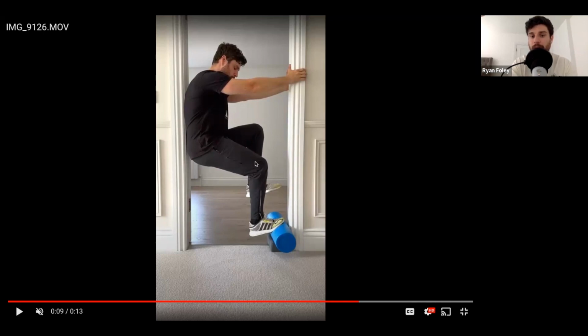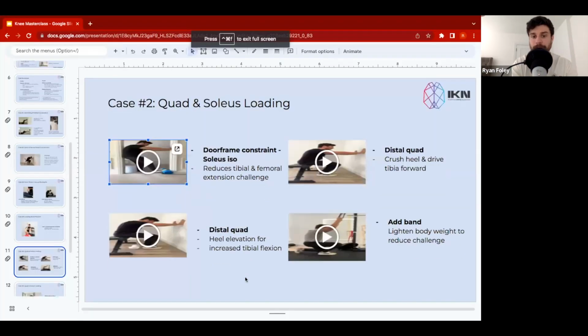Okay, so we have more variability expressed at the knee in this position as well. Okay, so it's not necessarily a strategy utilized to improve the coordination between the distal quadricep and the soleus, but just a nice constraint to use to really isolate that force production through plantar flexion because of the constraint of the door frame.